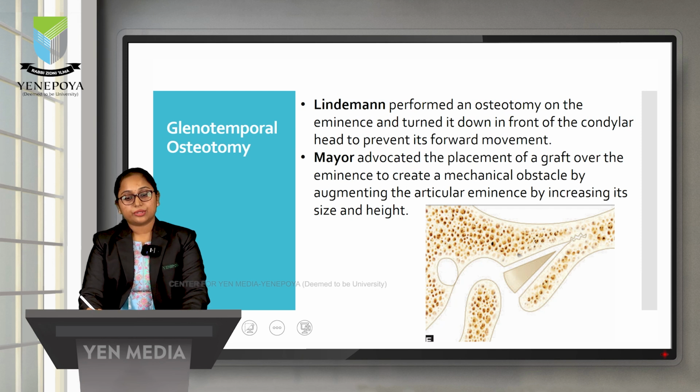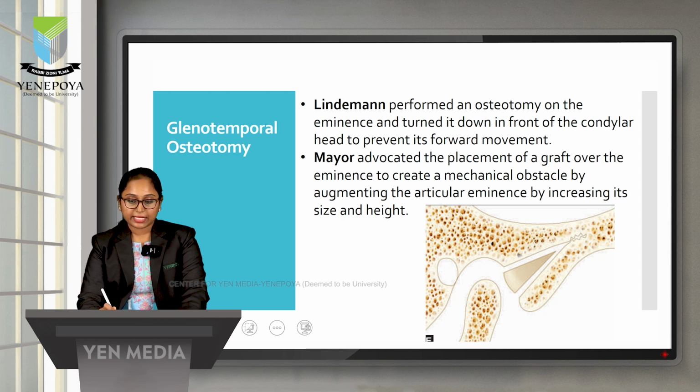And next one is to create a mechanical obstacle. First and foremost is glenotemporal osteotomy, which was proposed by Lindemann. What he suggested is that he performed an osteotomy on the eminence, as shown here. He performed an osteotomy and then fractured it down in front of the condylar head to prevent the forward movement.